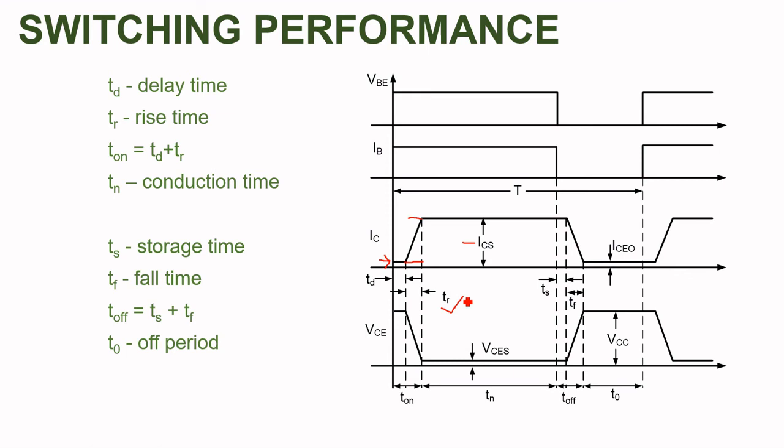When the base to emitter voltage is removed, the base current also drops down to 0. The collector current does not change for a time Ts.